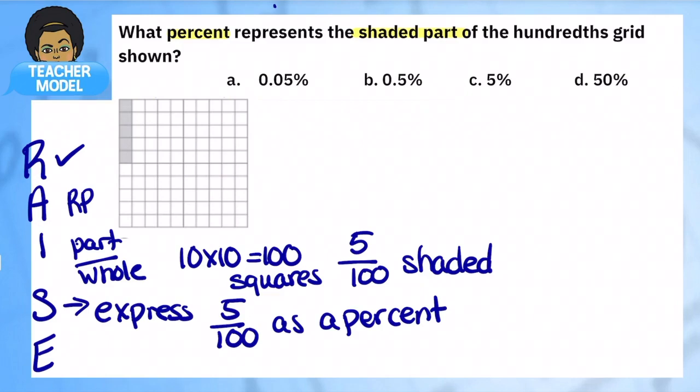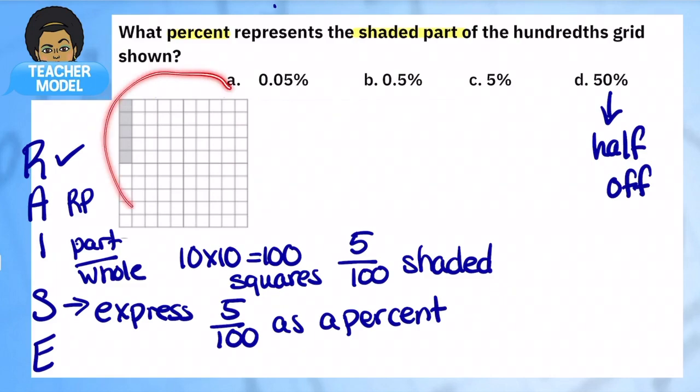So that I know for sure, 50% off would be half off. And there is no way this looks like half of this is shaded. So I'm going to get rid of that. So now I have these choices. 5/100ths%, 5/10ths%, or 5%.